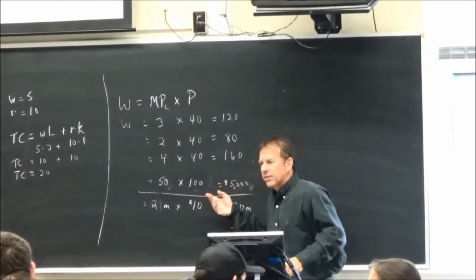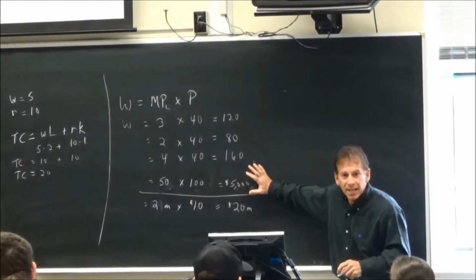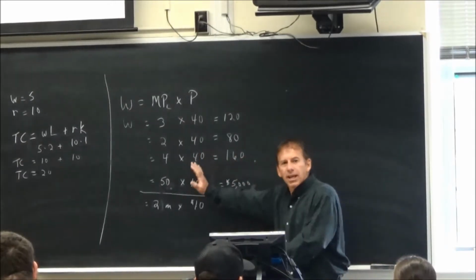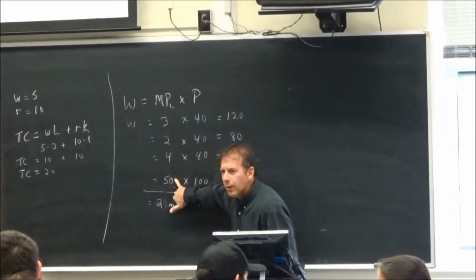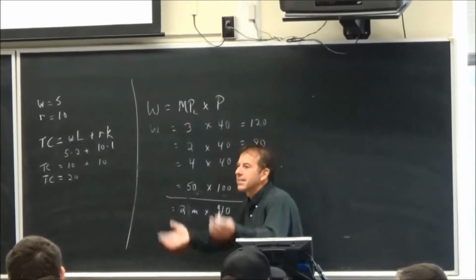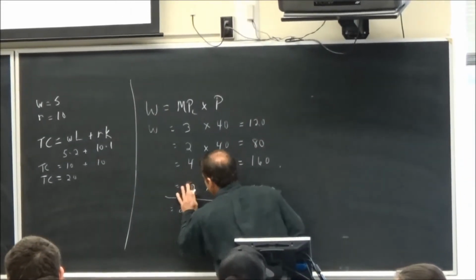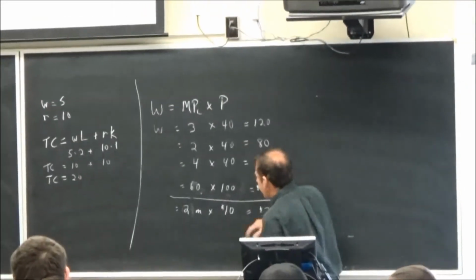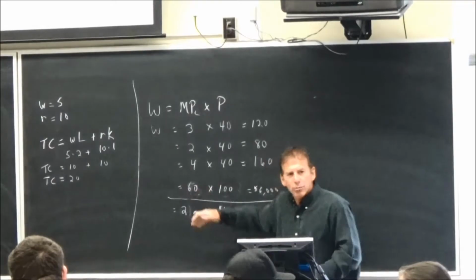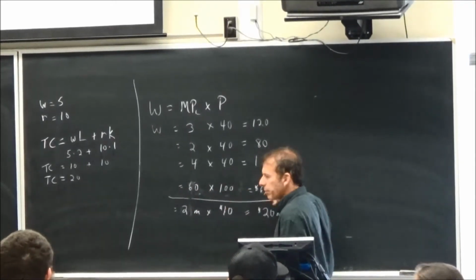And then, of course, you have to take out all the expenses and stuff, but that's the revenue they're coming in with. So the point is, the more productive you are, the more patients you see, say 60, then this goes up to 6,000. So every time you increase your marginal productivity, you're going to be paid more.